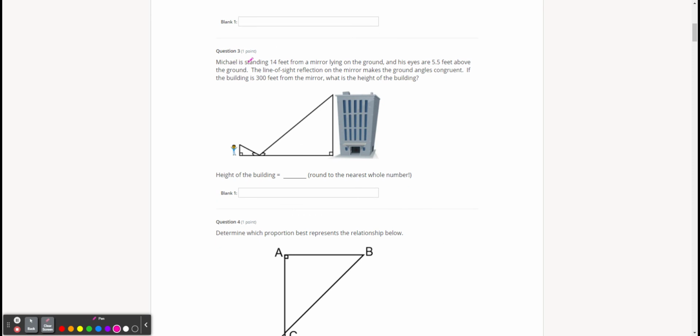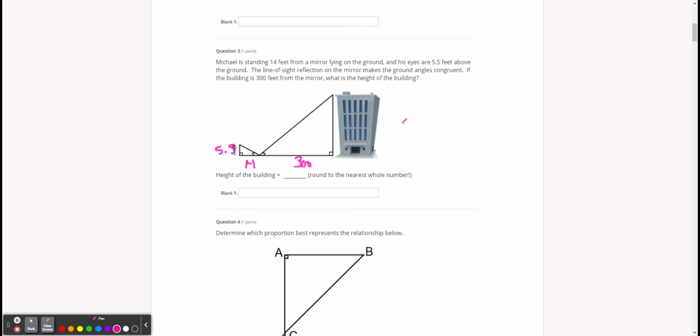If I've got Michael is standing 14 feet from a mirror, that's the 14 laying on the ground. His eyes are 5.5 feet above the ground. 5.5. Make sure when you have word problems, you label them. And then the building is 300 feet from the mirror. So that's 300 here.